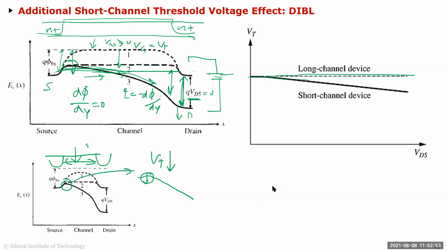So what I'm saying is, let's consider VGS equal to 0 and VDS equal to 0. Okay, so then your barrier is looking like this. Let me draw this in red here.